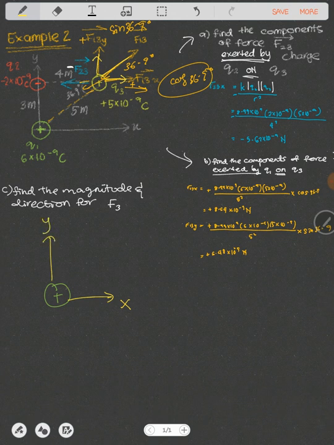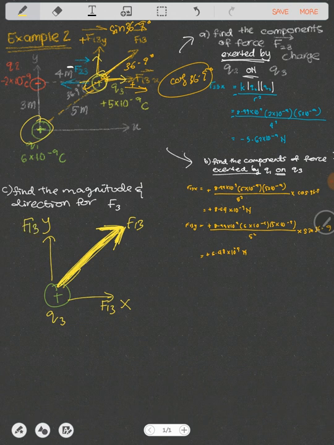We know positive with positive, charge number 3 will be pushed this way. Okay, we know this F13. We already know the direction here. But how do we know the value or the magnitude of the force that is being exerted by charge number 1 on 3? We want to know this value. So, to know the value of F13, we need to find the value of F13 at X component and F13 at Y component.